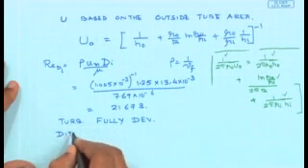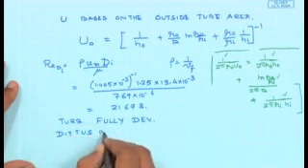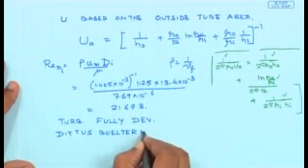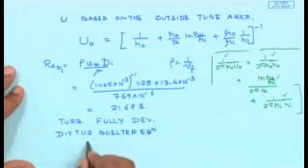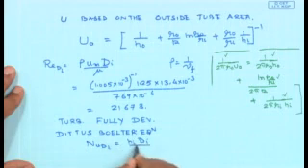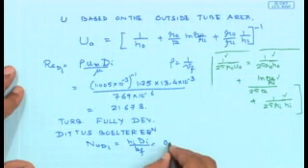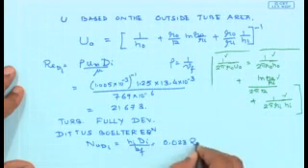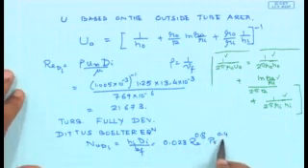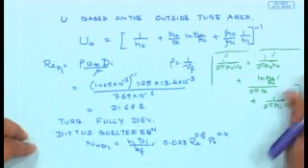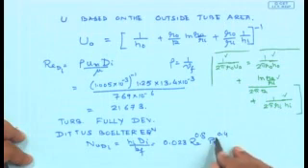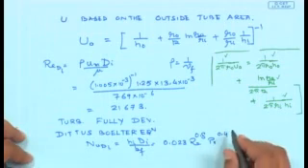So I am going to use the Dittus-Boelter equation, and the Dittus-Boelter equation would simply give you the Nusselt number based on the diameter, Hi di by Kf, which would be equal to 0.023 Reynolds number to the power 0.8, Prandtl number to the power 0.4, because this is where the tube wall is the hot one, and the cold fluid is flowing through the tube. So that's why the exponent will be equal to 0.4.